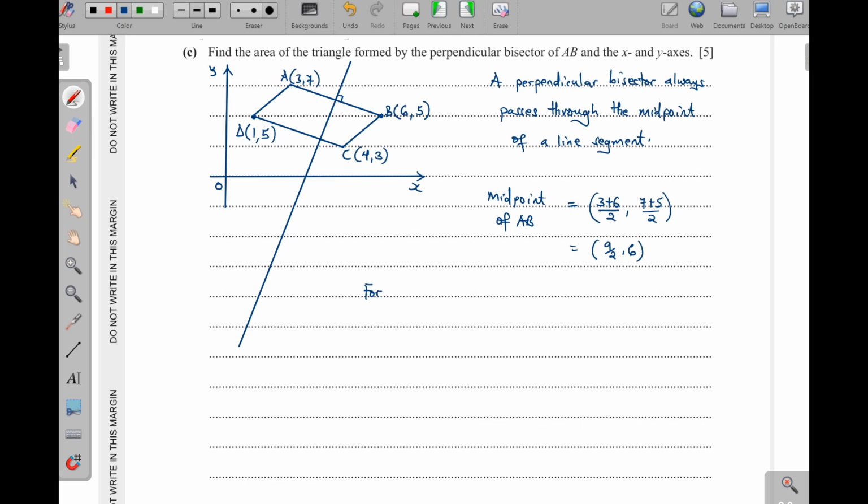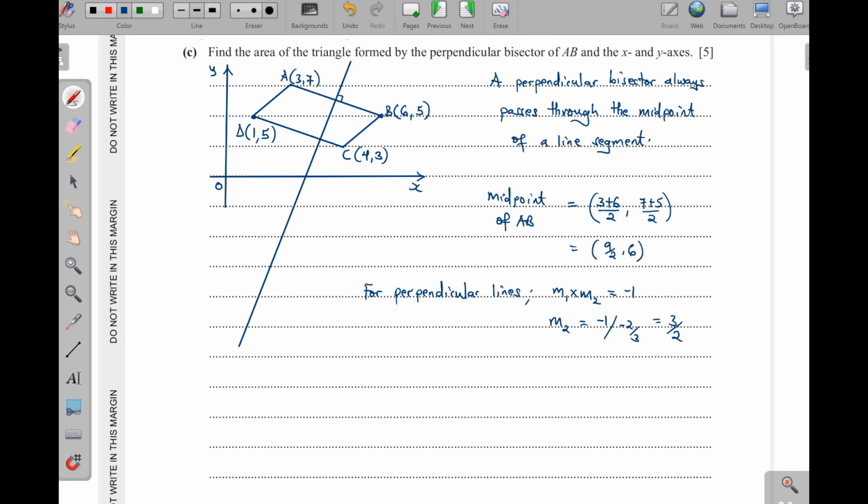Then we also know that for perpendicular lines, m1 times m2 is always equal to -1. So the gradient of this bisector is going to be -1 over the gradient of AB, which was given as -2 over 3, which is now 3 over 2.